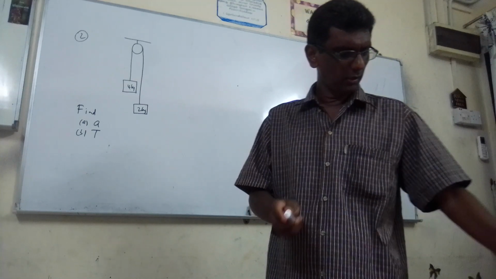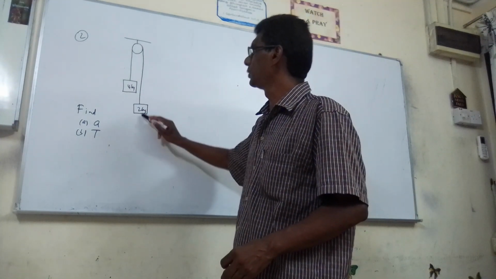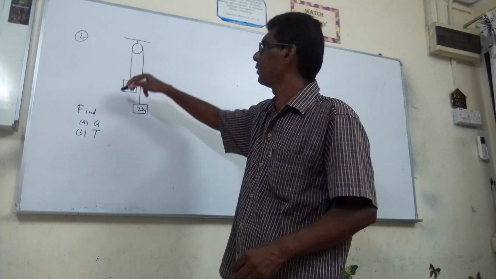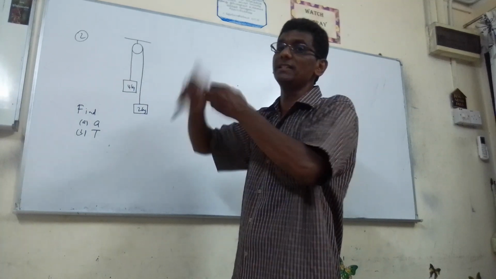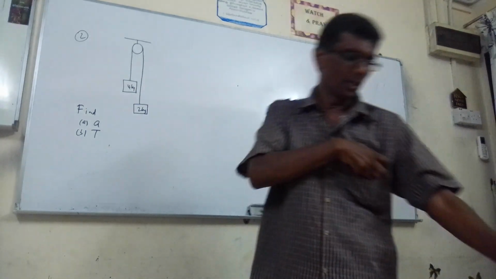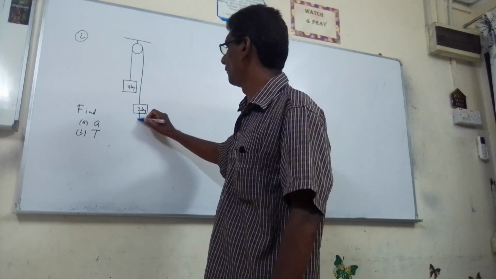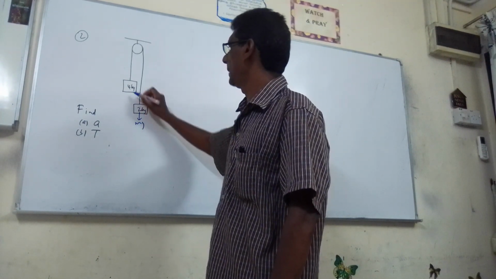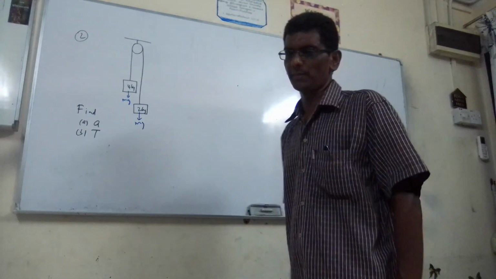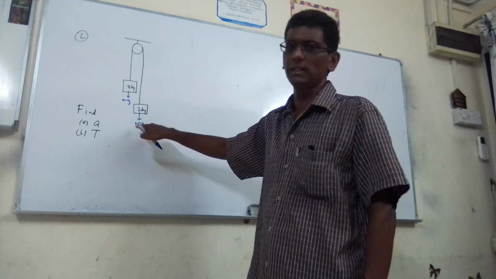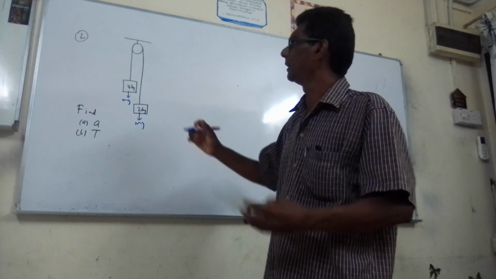First of all, this question: a 4 kg mass and a 2 kg mass are tied by one string that goes through a pulley system. As we know, weight equals mg.